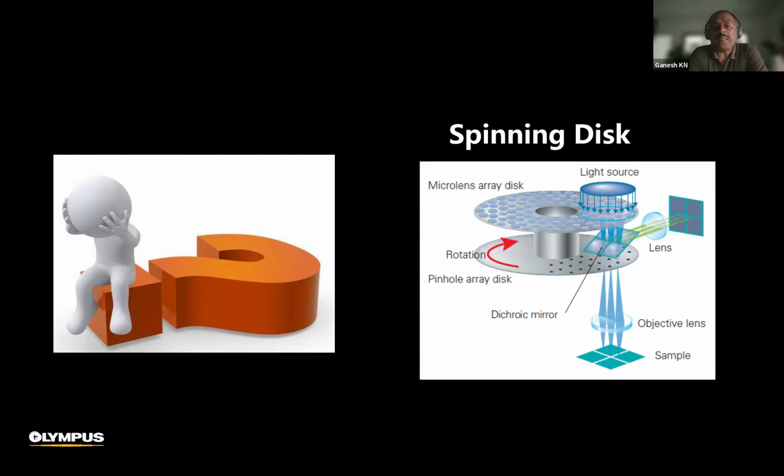As you know, the limitation of the point scanning confocal microscope was a single point laser had to scan. If you had multiple point scanning illumination, you have to make sure it has enough distance so that the airy disks will not overlap.